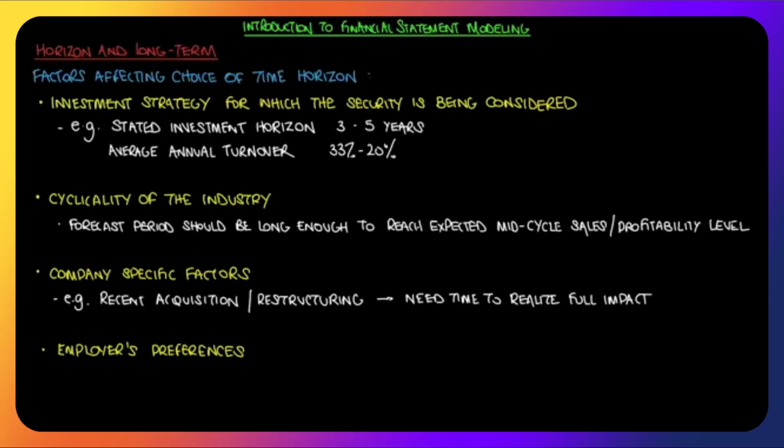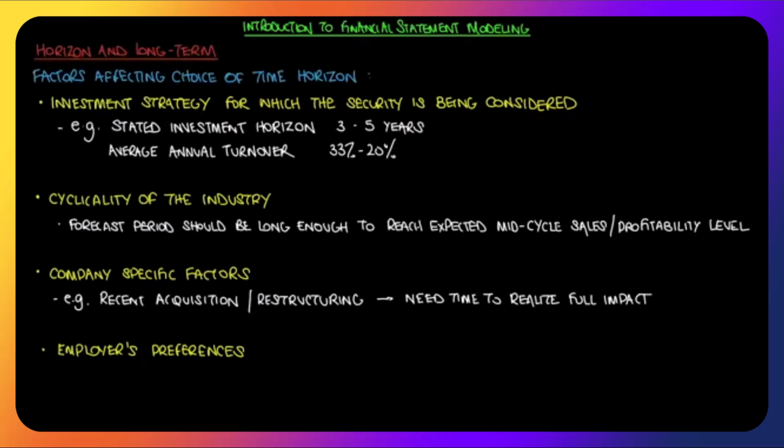Cyclicality is important. You should make sure your forecast period is long enough to reach an expected mid-cycle sales profitability level. You don't want to be left with a really high figure or a really low figure because you didn't get to a more, and we'll use this term in a moment, normal state. Obviously, company-specific factors. The module points out particularly recent acquisitions or restructurings.